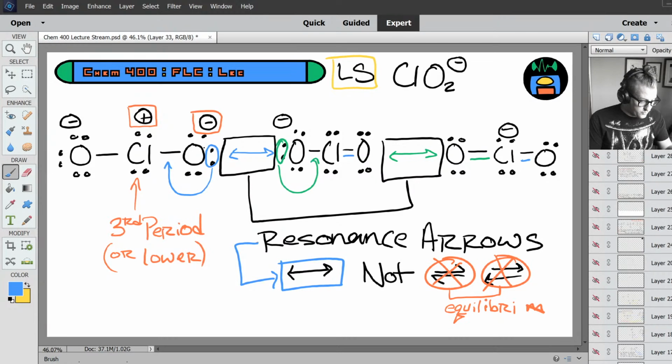Different professors may have different policies, so it's totally up to them, but you should know that there is a difference. Resonance arrows, one line, two arrowheads. Equilibrium arrows, two different arrows, one pointing forward, one pointing backward. Cool? I wanted to stress that so that you'd all get it straight in your futures.